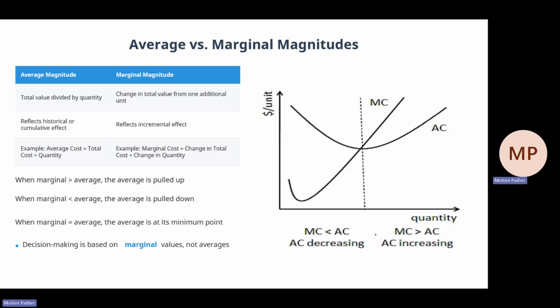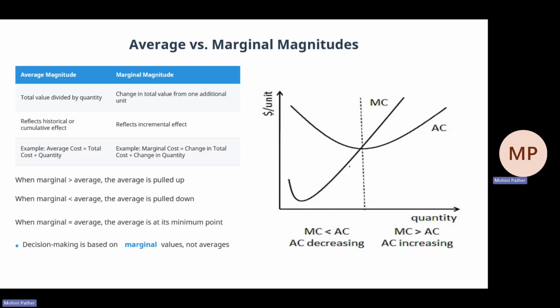Okay, then it was very useful for us to understand the difference between averages and marginal. And we had the comparison between marginal and average using costs. You'll notice that as long as your marginal levels are below the average, your averages are being brought down.